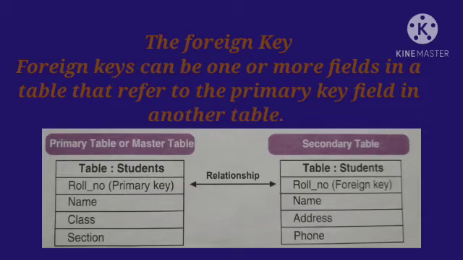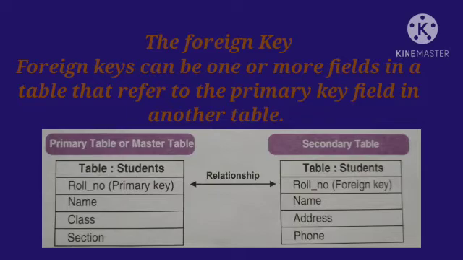Now, a primary key is used to uniquely identify a record in a table. We can have more than one foreign key in a table. A foreign key can accept multiple null values. It will allow duplicate values also.